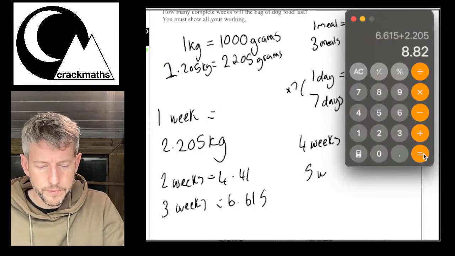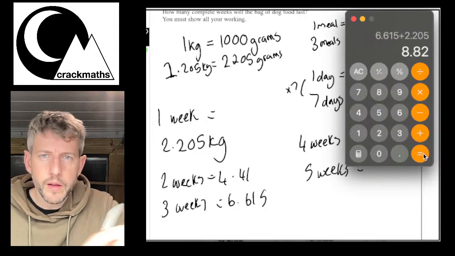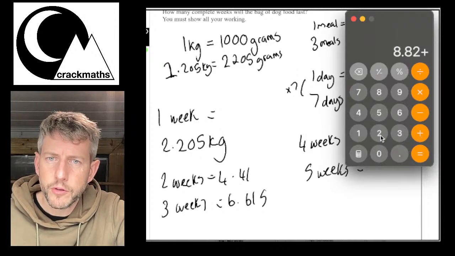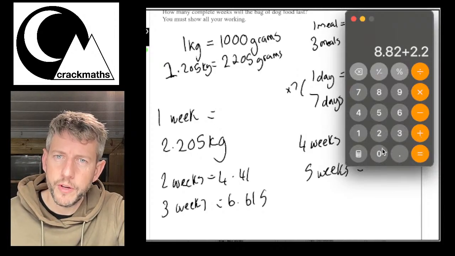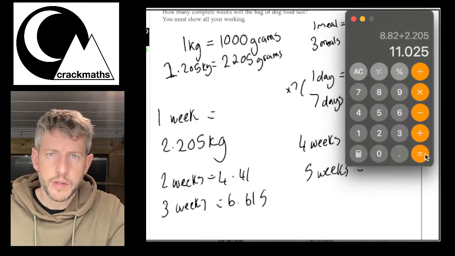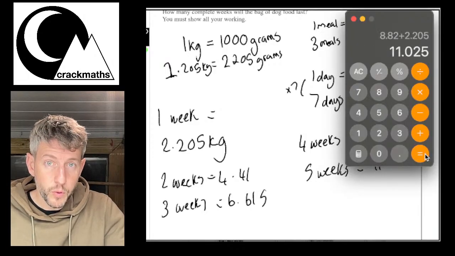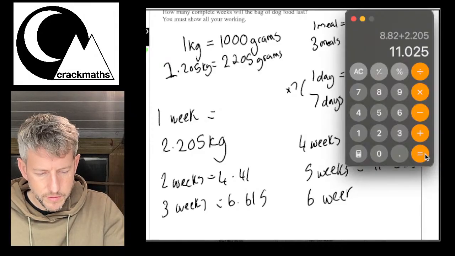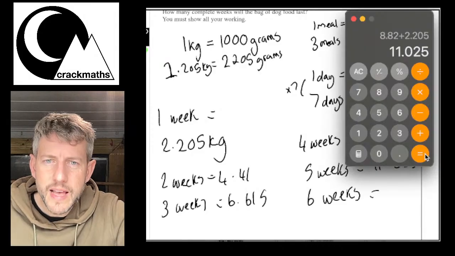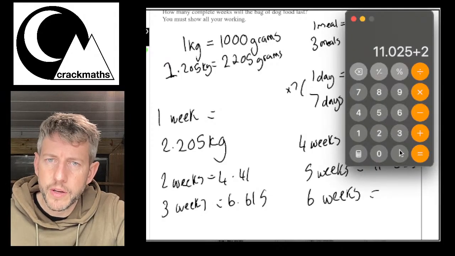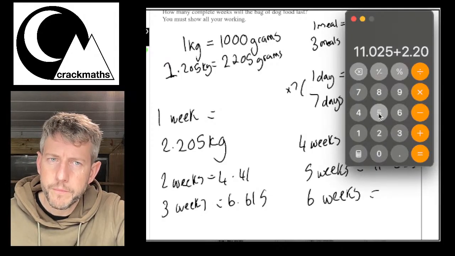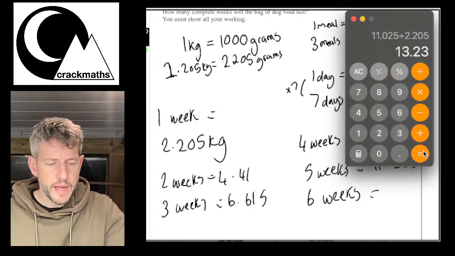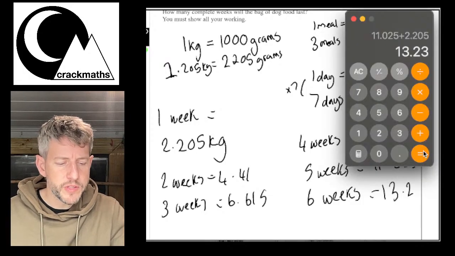5 weeks. So add another lot of 2.205. So that's 11.025. And then 6 weeks. Well, let's add it again, but I think we might go over. Yeah, so 6 weeks would be 13.23.